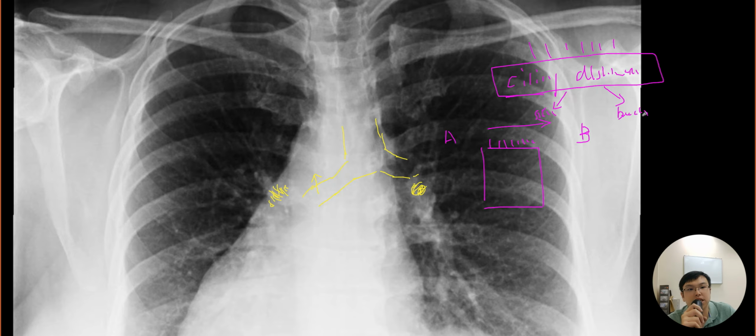So they're actually two different things. You should not say that situs inversus causes bronchiectasis. That's actually not happening like this, okay? But they share a similar predisposition, which is ciliary dyskinesia.